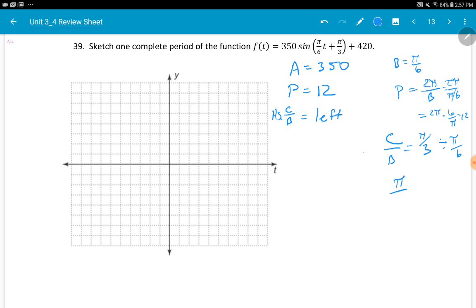I flip the second and multiply. Pi's cancel, and the 6 and the 3 reduce to 2. So it's a left shift by 2 units. And D gives me my vertical shift, which is 420.